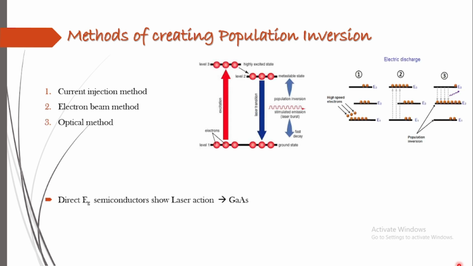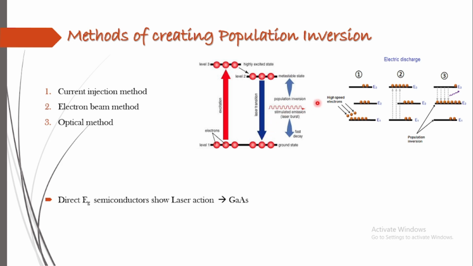So here in this energy level diagram, we can observe what actually happens with respect to the energy levels. It is just that in case of optical methods, we are making use of photons which are absorbed by the electrons, and these electrons will be excited to the higher energy state and finally get de-excited, emitting a photon itself.